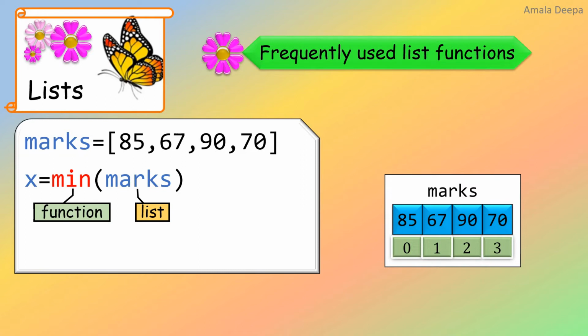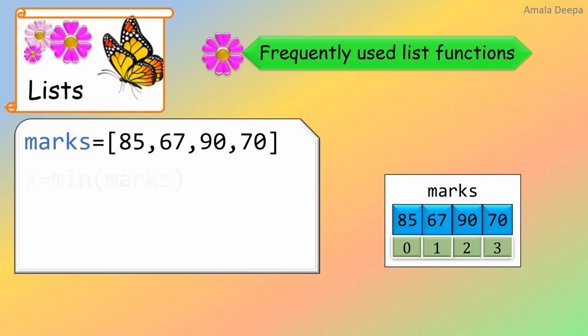The min function will return the minimum value from the list marks, which will be stored in the left hand side variable x. So when I print x, the output is 67 because 67 is the minimum among all the values in this list.